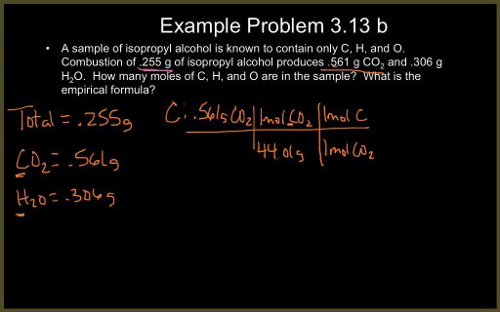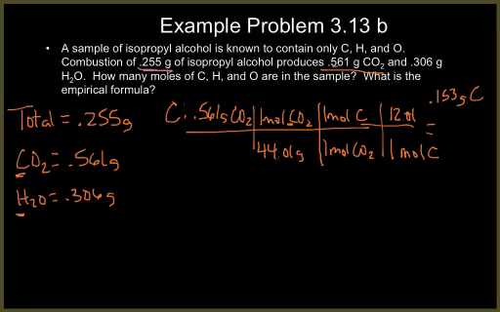So there's 1 carbon for every 1 CO2. Now I can go to grams of carbon using the molar mass of carbon. Okay, so I started with grams of CO2, went to moles of CO2, used that to get to moles of just carbon, then went to grams of carbon. So when I do all of that, I end up with 0.153 grams of carbon.